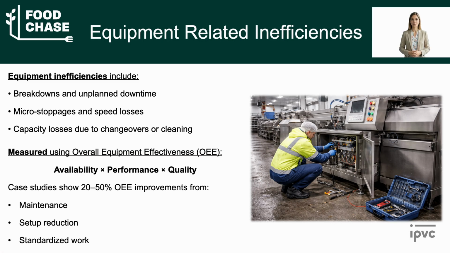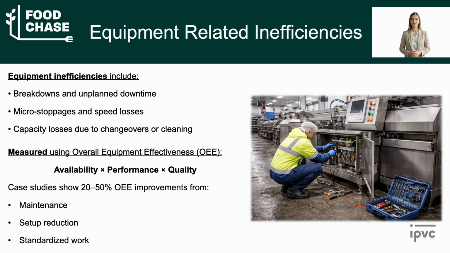Another important category of inefficiency in food processing relates to equipment performance. Equipment inefficiencies include breakdowns and unplanned downtime, micro stoppages and speed losses such as minor jams or adjustments, and reduced capacity utilization due to frequent changeovers or cleaning.